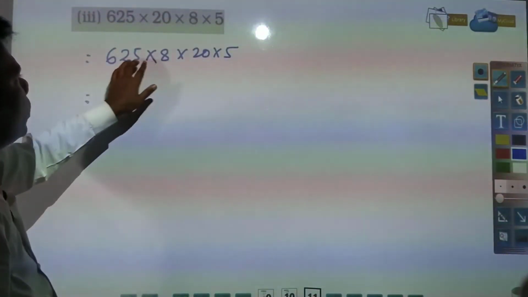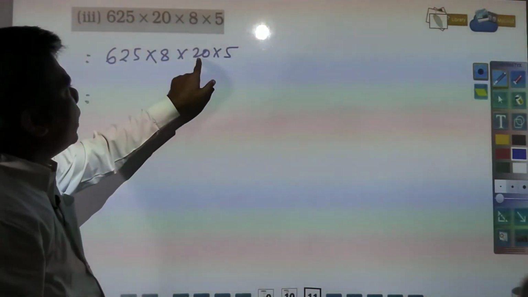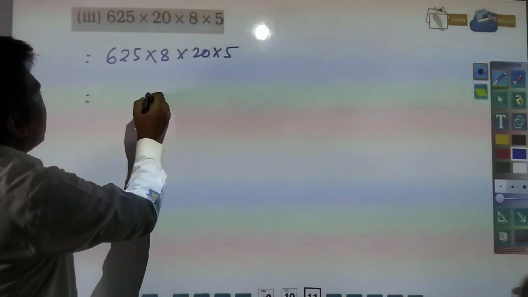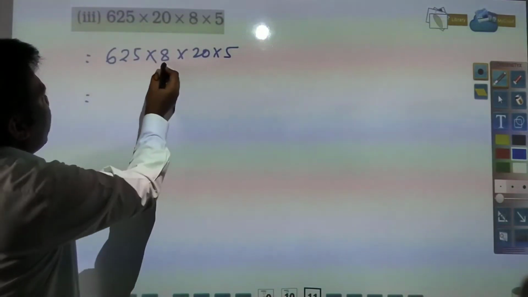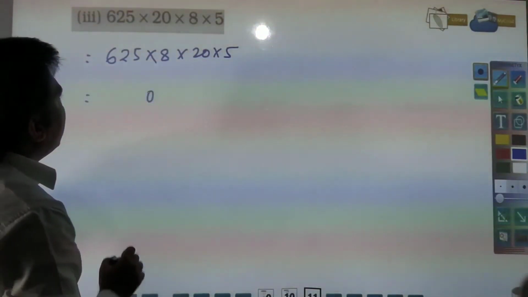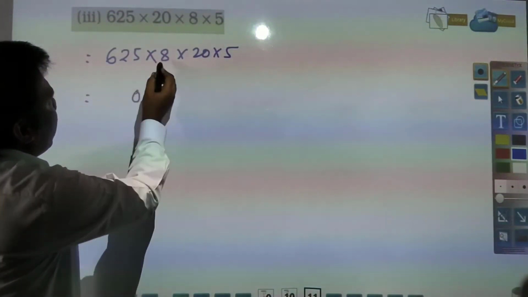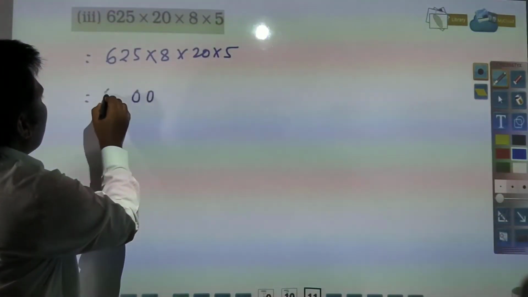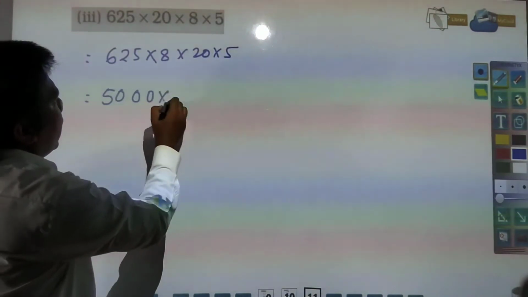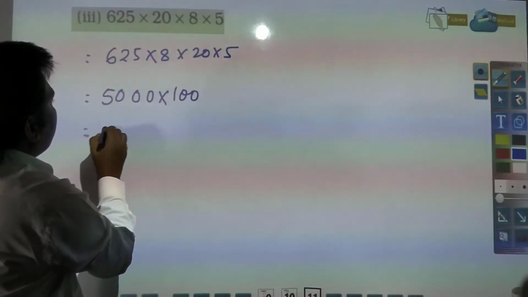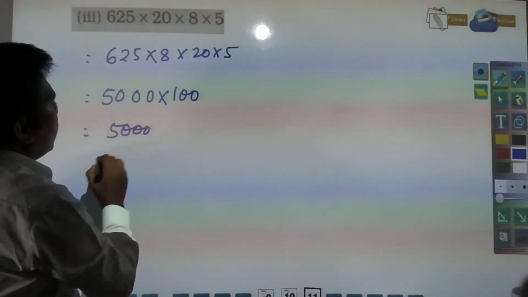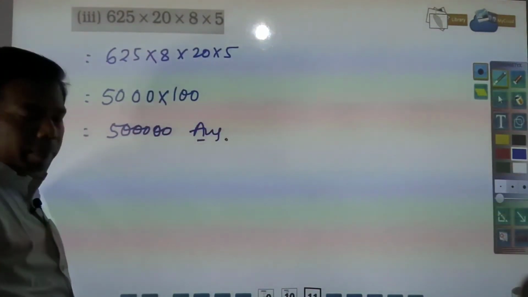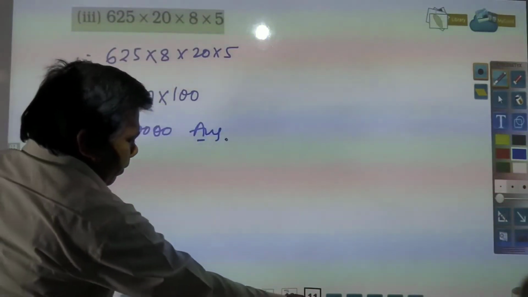Now this is needed to be multiplied, and you will get 100. 8 fives are 40, 4 you have, 8 twos are 16 and 4 is 20, 2 you have, 8 sixes are 48 and 2 is 50, into 100, and this will be 5000, and this 20 will be added, and this will be your answer.